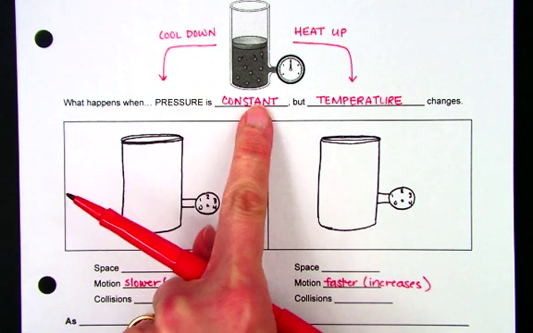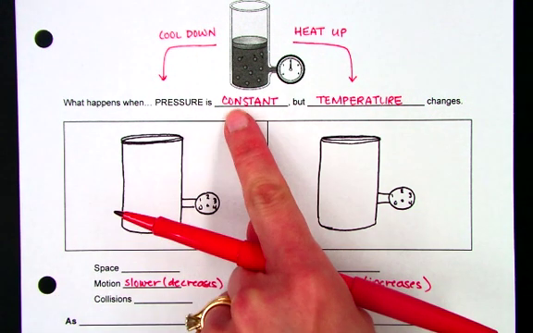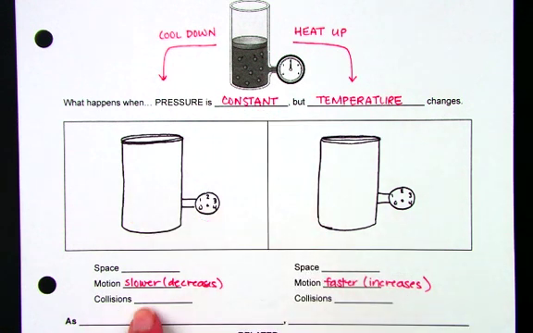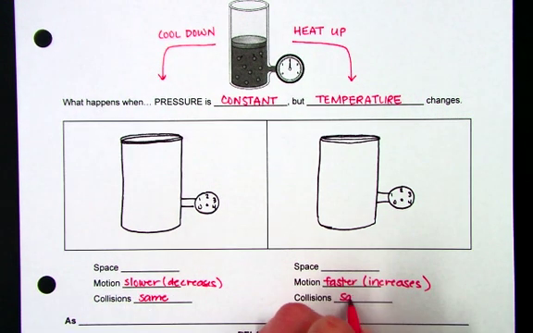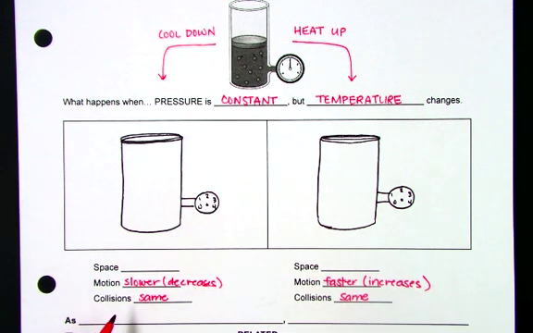When pressure is constant, what does that mean about the space or the collisions? Which one am I influencing or talking about when I talk about pressure? Collisions. What is happening to collisions if pressure is constant? It should be staying the same, right? So if I know pressure is constant, I have to make sure that what is the same.